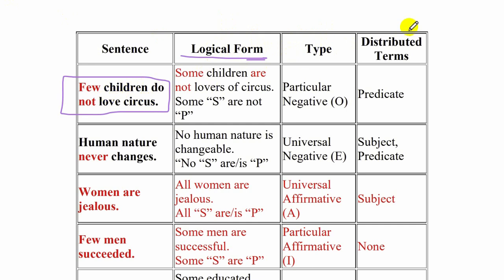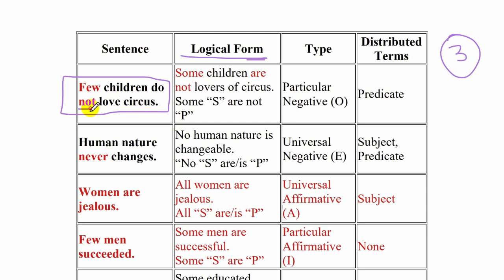They'll ask in three parts: first, convert it into its logical form; second, determine its type or state what type it is; and third, state which term is distributed. So it will ask in three parts, and this will come for I think 3 marks. I have collected all questions that have come in this type of format, and you can solve more from your textbook if you want to.